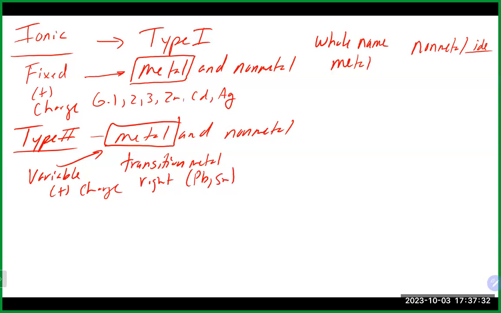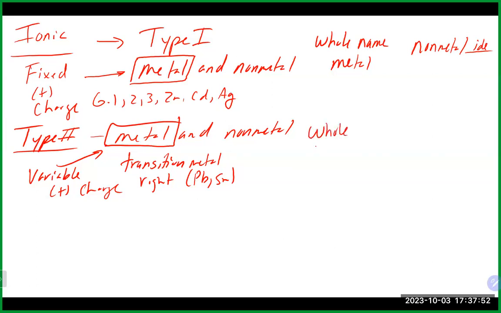In this case, because it can have multiple charges, we do have to include a Roman numeral, and that is what the Roman numeral indicates. Again, not how many metals or anything like that you have, but if you took one of those guys, the positive charge that you would have on that metal. And we pretty much name it the same way.